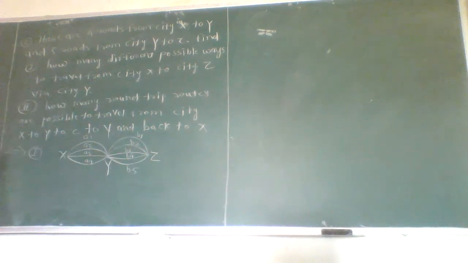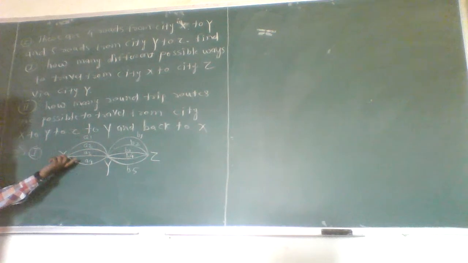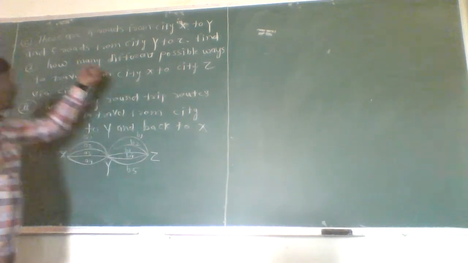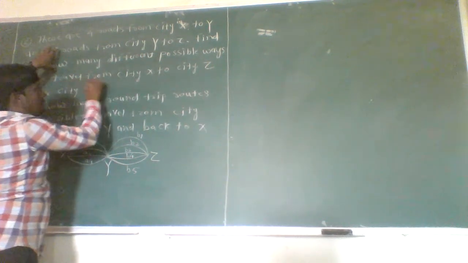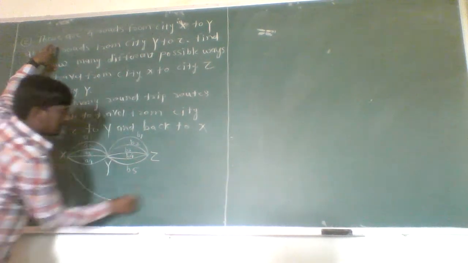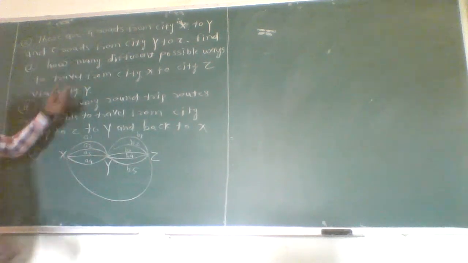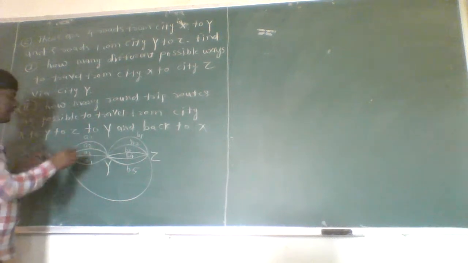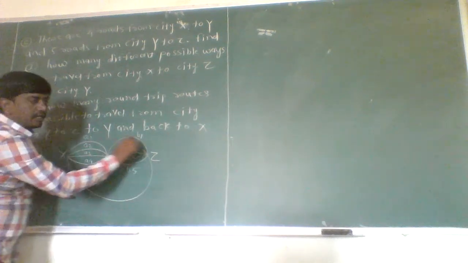Okay. Now there are 4 roads from city X to Y and 5 roads from city Y to Z. Now here we have to find out how many different possible ways to travel from city X to city Z via city Y. That is, we can't travel from city X to city Z directly.